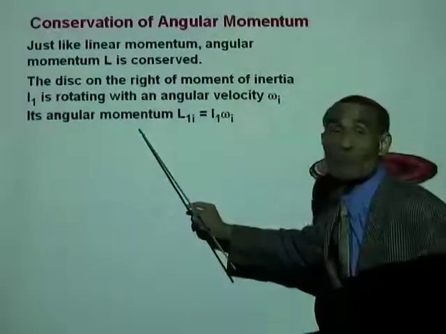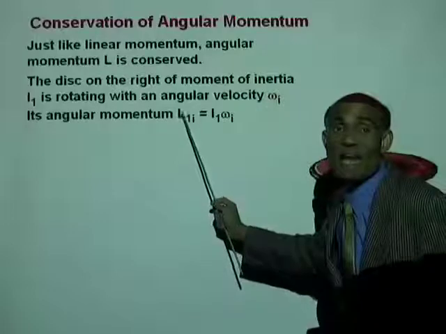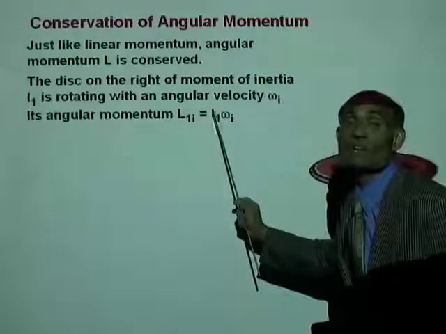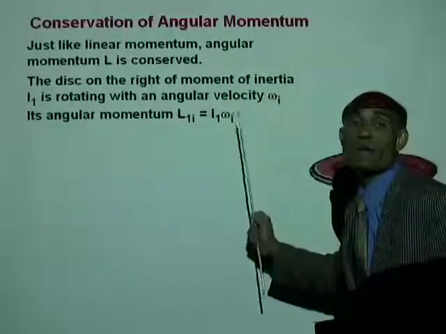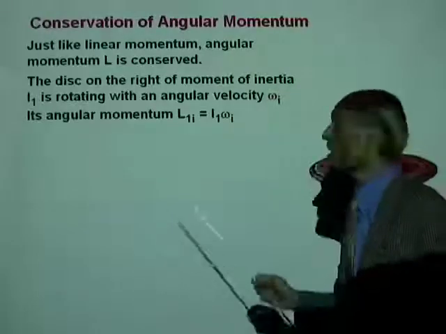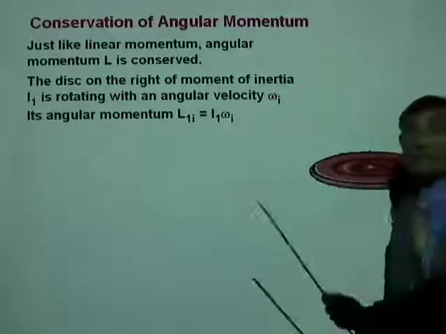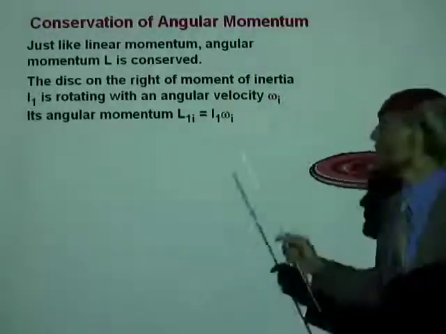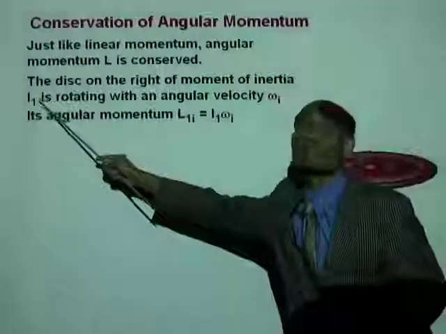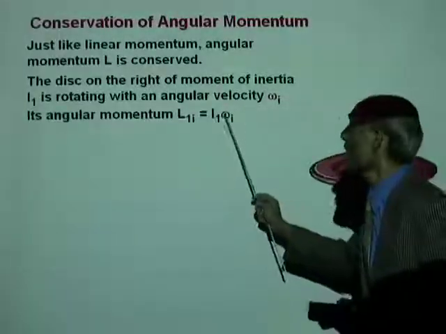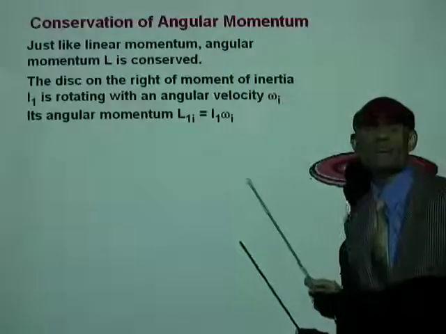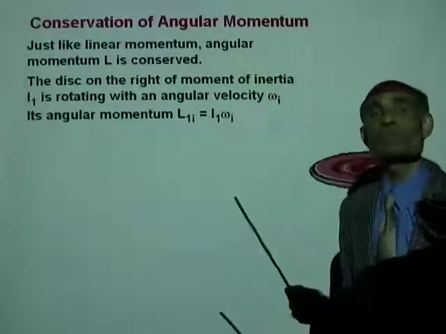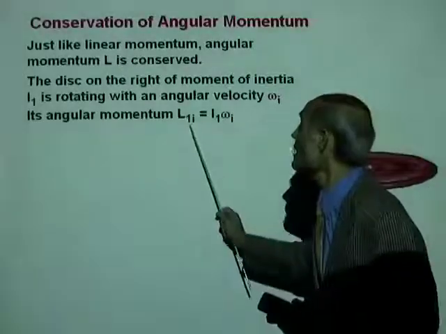Now its angular momentum is L1I equals I1 omega I. Is that right? Its initial angular momentum at this time is its moment of inertia I1 times its initial angular velocity, L equals I omega.